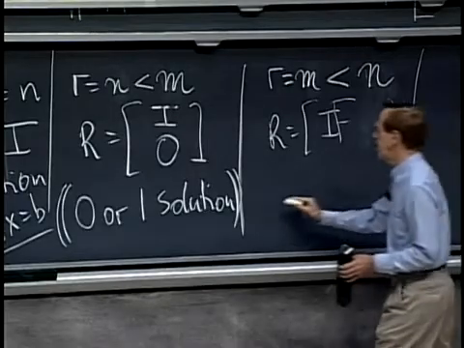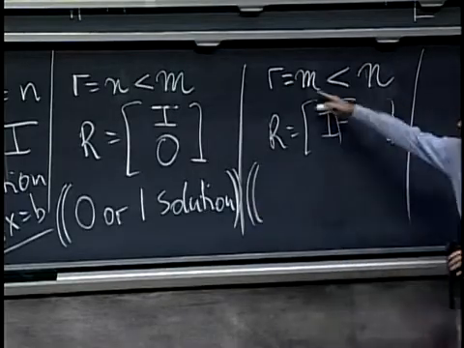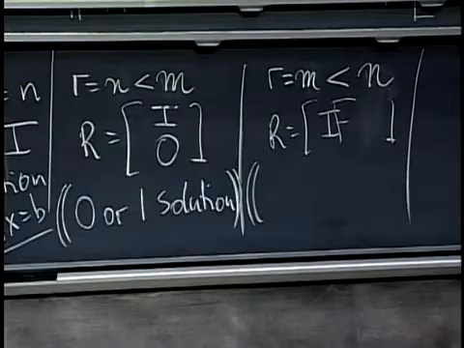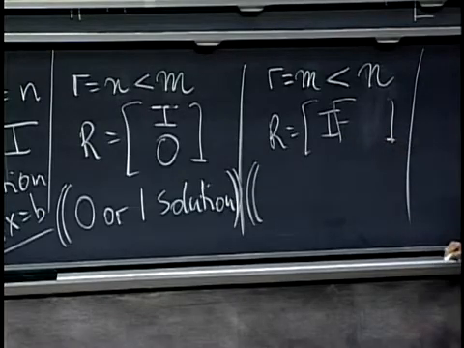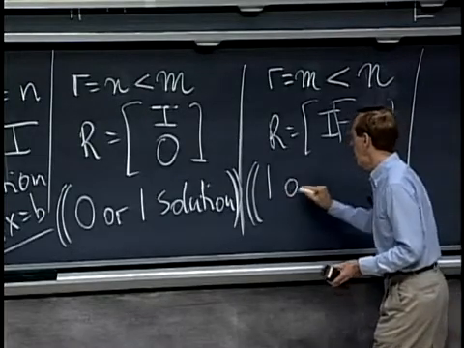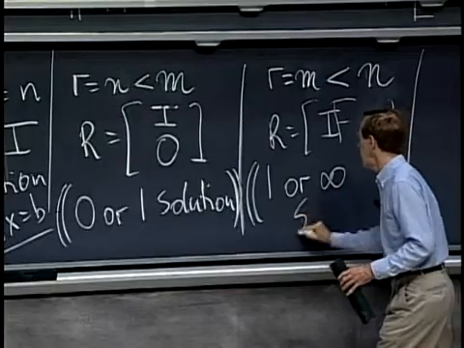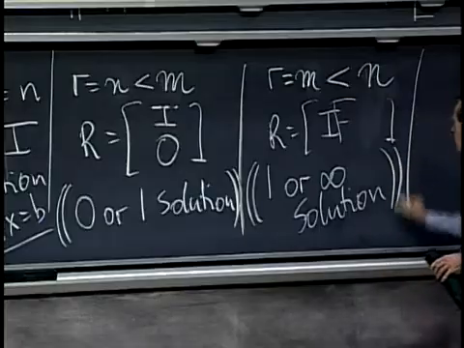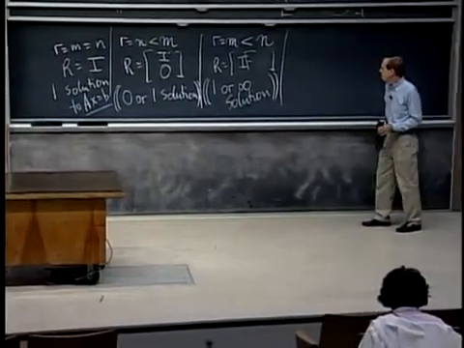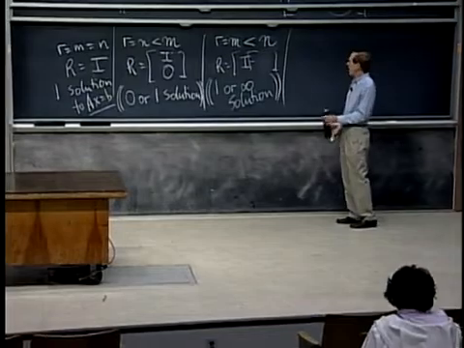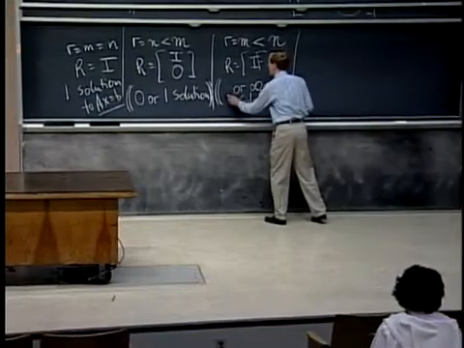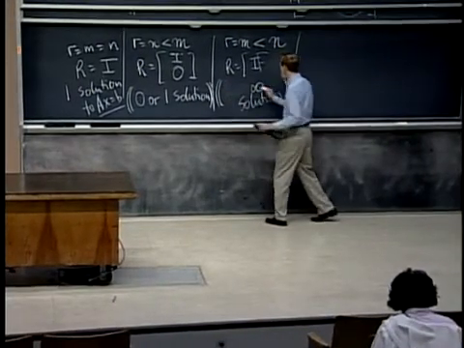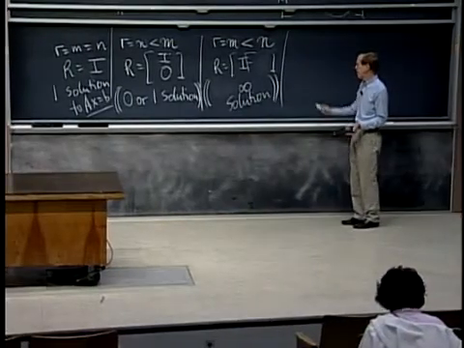Now, how many solutions in this case? There's always a solution. This is the existence case. We're not getting any zero rows. There are no zero rows here. So there's always either one or infinitely many solutions. Actually, I guess there's always an infinite number because we always have some null space to deal with.